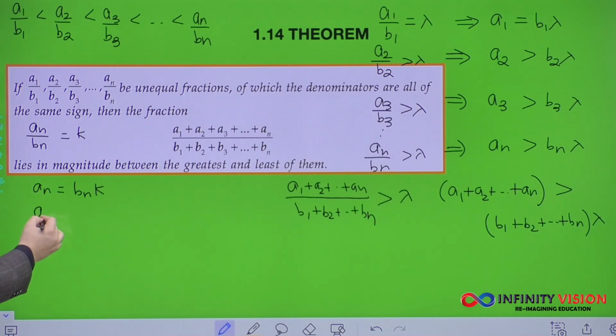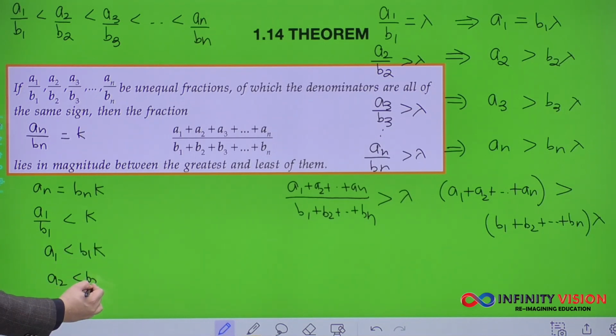Same way, a1 upon b1 would be less than k, so a1 would be less than b1k. Similarly, a2 would be less than b2k. Similarly, a3 would be less than b3k. And I am going to add all these inequalities.